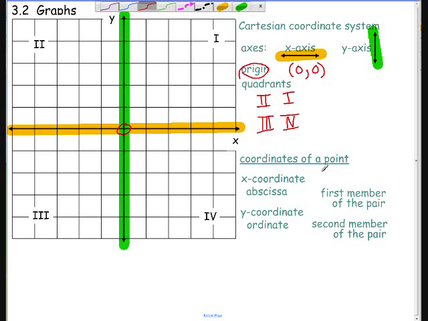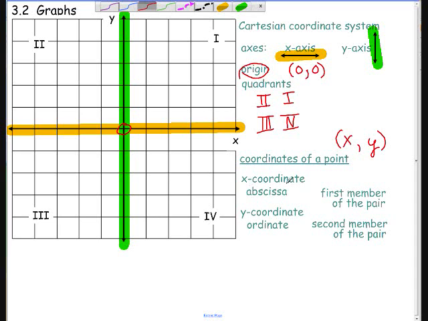The coordinates of a point, we have our x-coordinate and our y-coordinate. This locates us on the plane horizontally. Y locates us on this plane vertically.